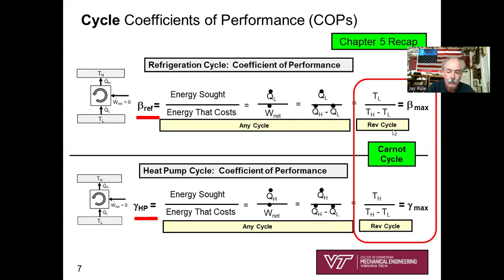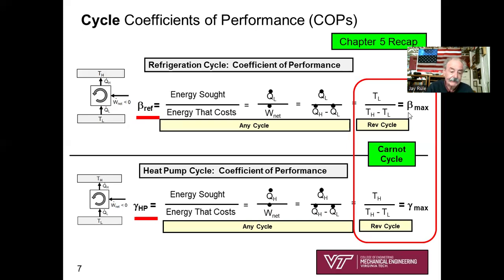And remember, for a Carnot cycle, if this black box were a Carnot cycle operation, it would reduce down to TL over TH minus TL by way of the first law, and recognizing that for the Carnot cycle, the reversible refrigeration cycle, the heat transfer is proportional to the absolute temperature of the high and low temperature reservoir.